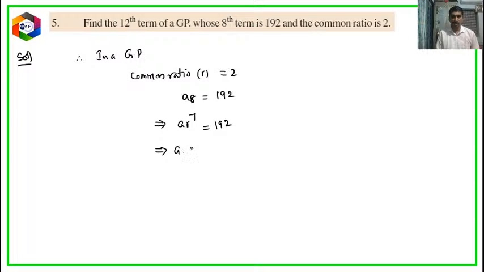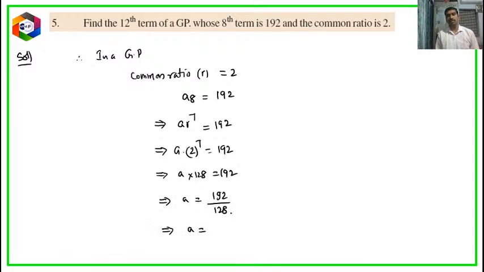So A into 2 power 7 is equal to 192. 2 power 7 is how much actually? 2 power 5 is 32, 2 power 6 is 64, 2 power 7 is 128. So A into 128 is equal to 192. Now A is equal to 192 by 128.